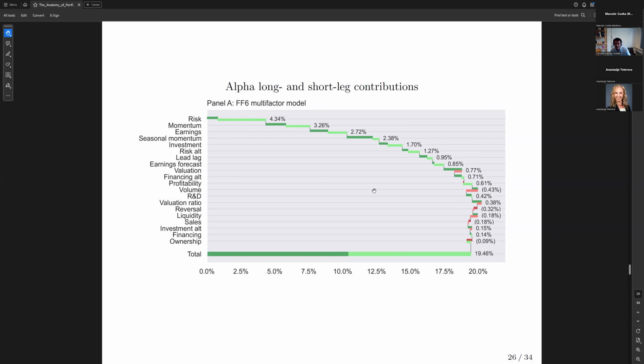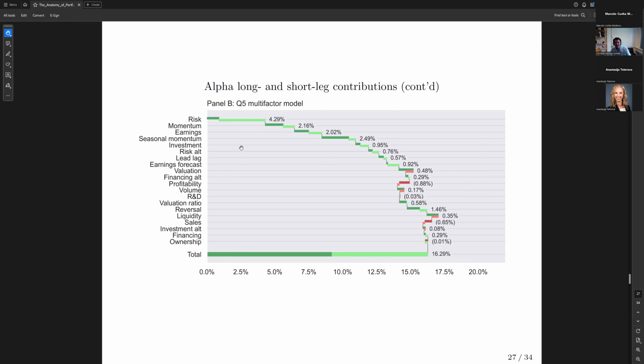The total effect of volume, for example, is negative. So if you were to remove that predictor, you would end up with a higher Sharpe ratio, which we found quite interesting. The picture for the Q5 alpha is similar, but with slightly lower results.